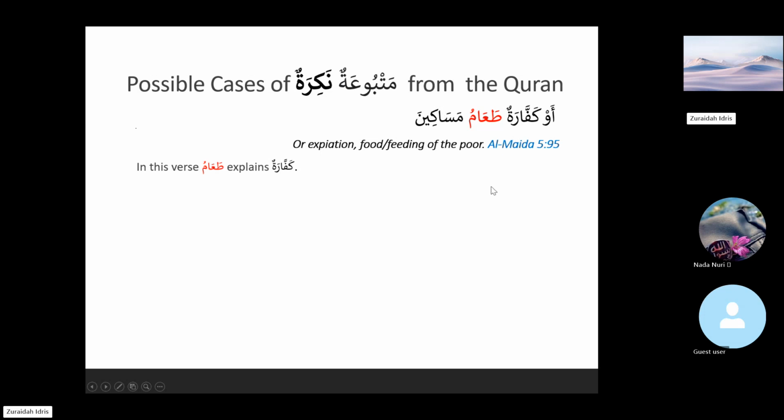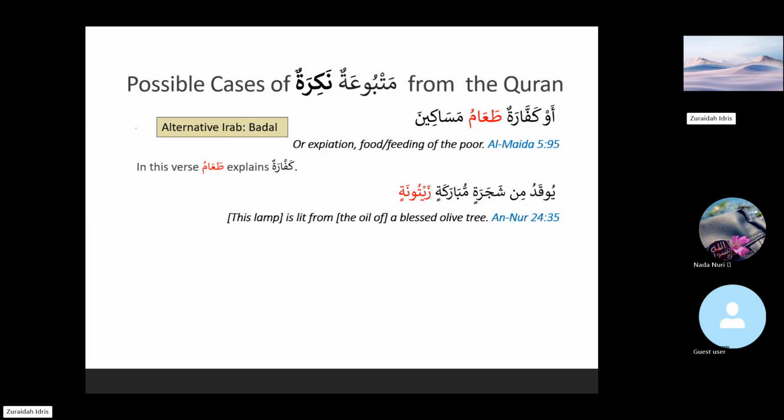And of course, because it's atfu bayan here, the logical alternative is that you can also call it badal. This is very straightforward. We can have a look at this in the I'rab book later, if we have time, and see what they put there.